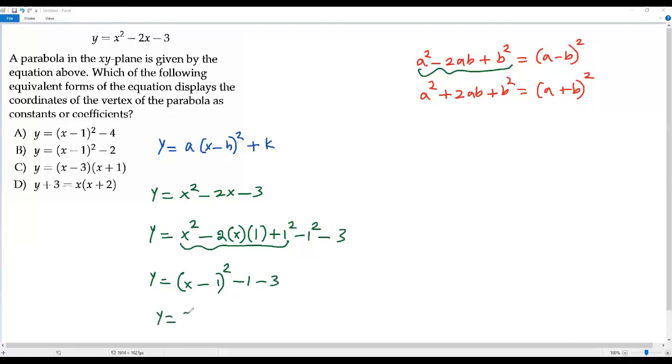So y equals (x minus 1) the whole squared minus 4. Now I got the given quadratic function in vertex form. Here the value at the place of h, that is 1, is the x coordinate, and this negative 4 is the y coordinate. So the vertex form clearly displays the coordinates of the vertex as constants. So the correct answer choice for this question is option A.